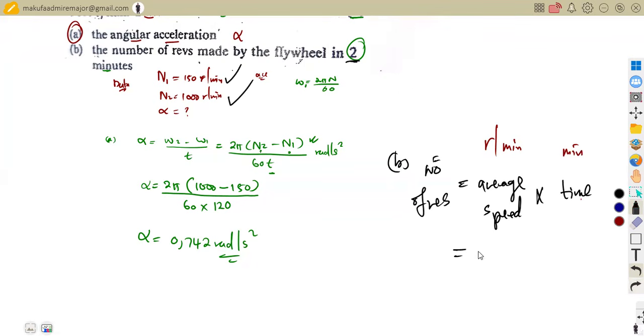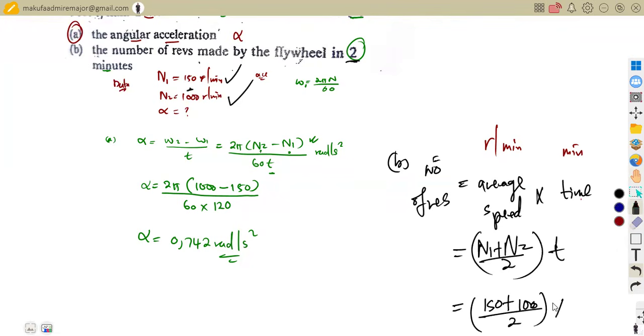So what is the average velocity? The average velocity is N1 plus N2 over 2. That's the average speed. Your N1 is 150 plus 1,000 revolutions per minute, everything over 2, times the time.